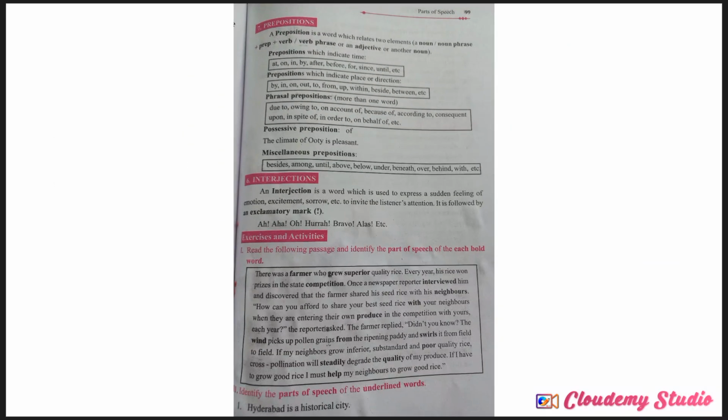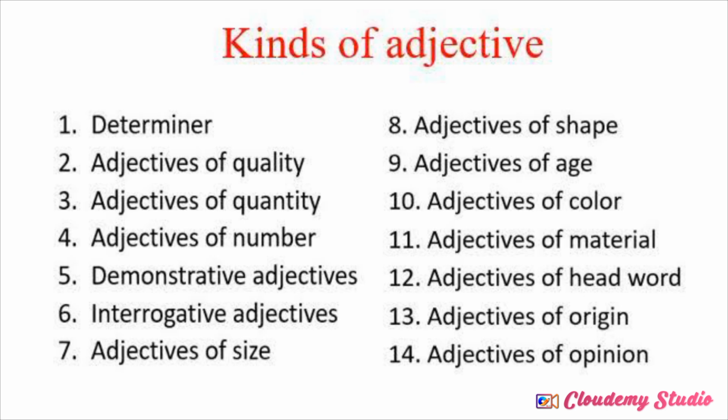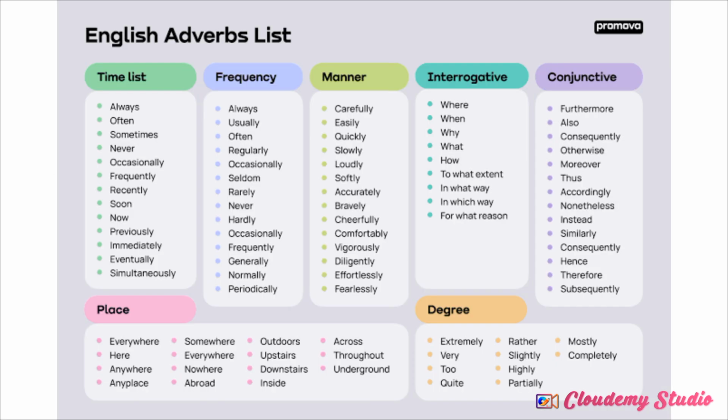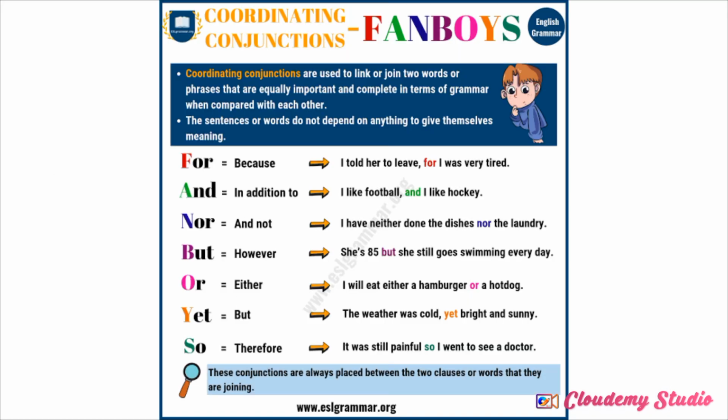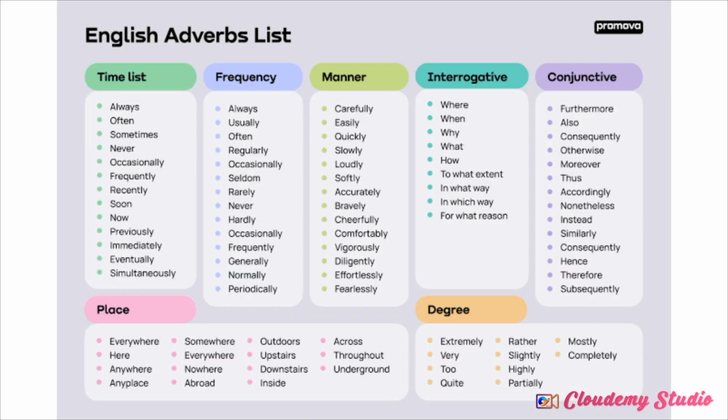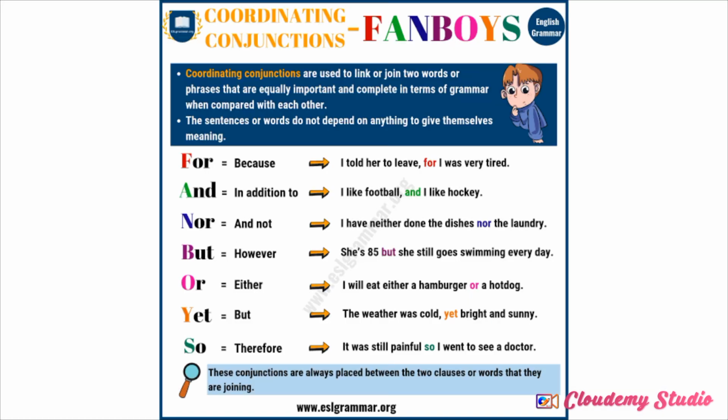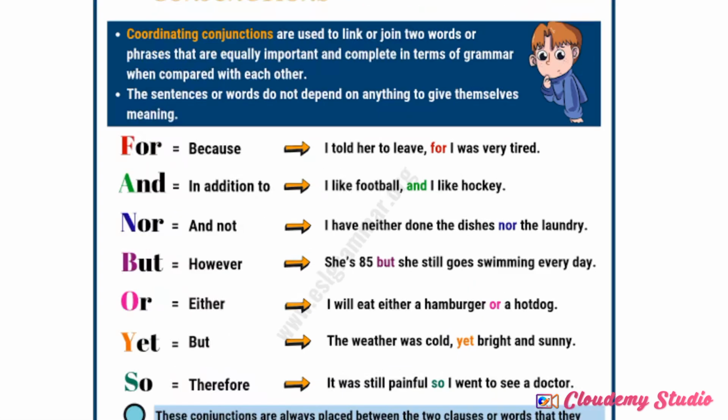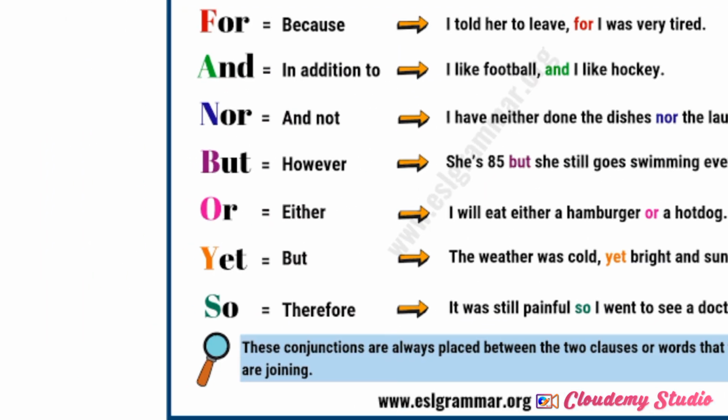Before doing that, let's begin with the conjunction. In conjunctions, the most important thing to bring out is FANBOYS. What is this FANBOYS? For, and, nor, but, or, yet, and so.